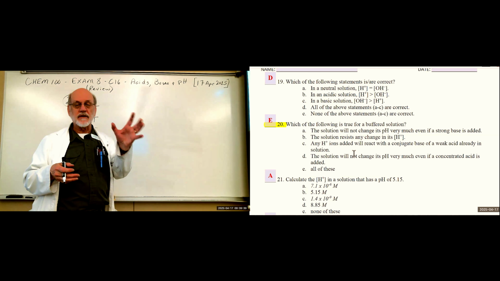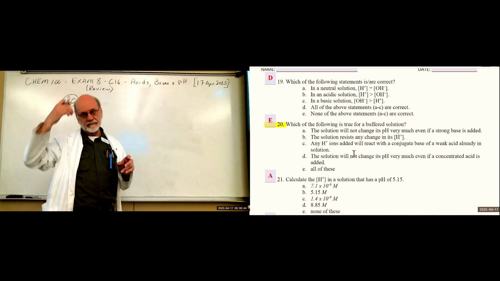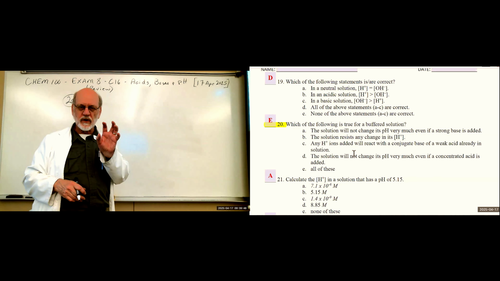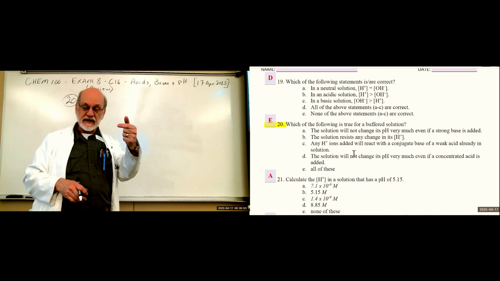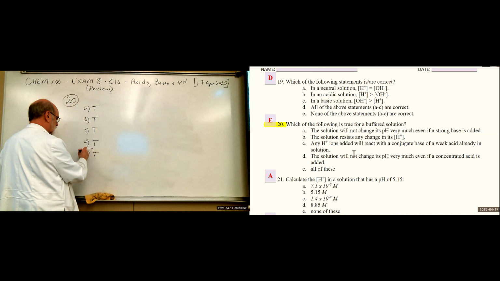But once you exceed the buffer capacity, then it's no longer a buffer. But as long as you're within that capacity, then the buffer will function as A, B, C, and D. So all of these are true.